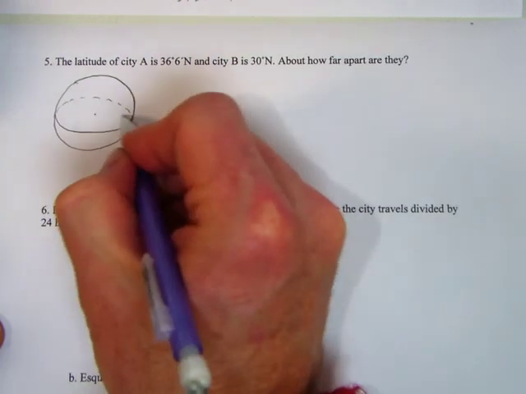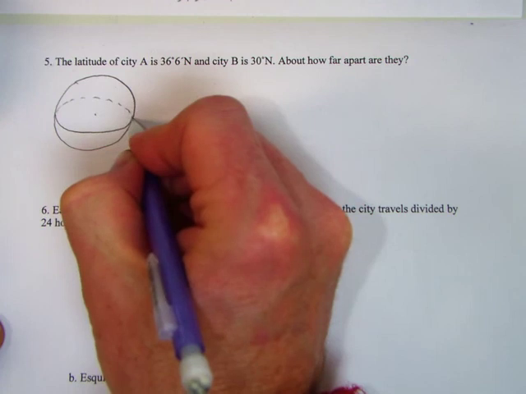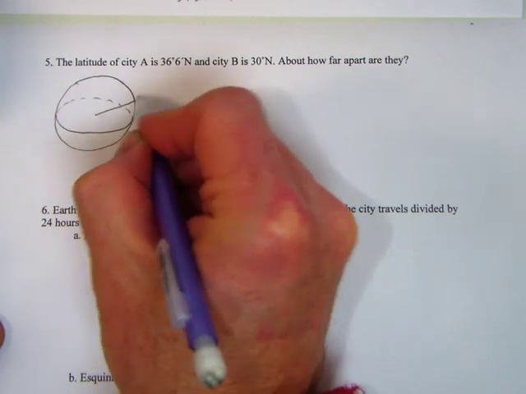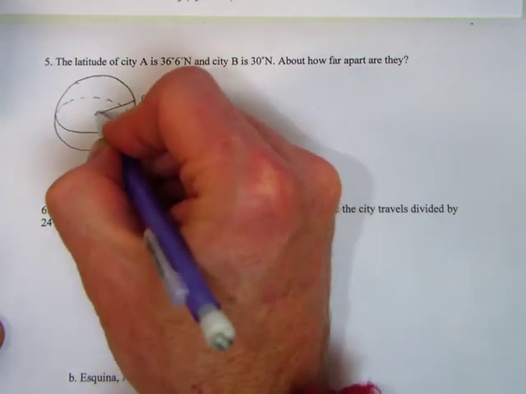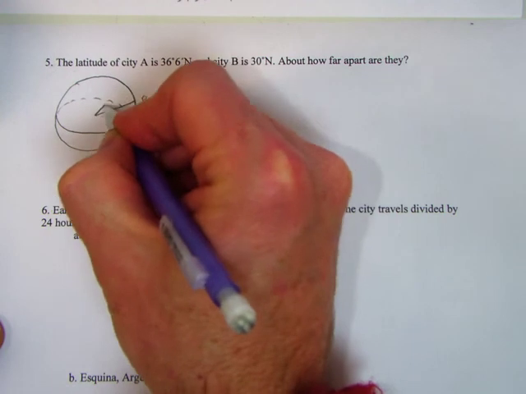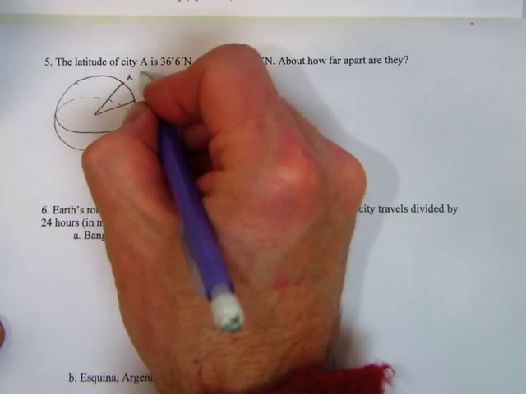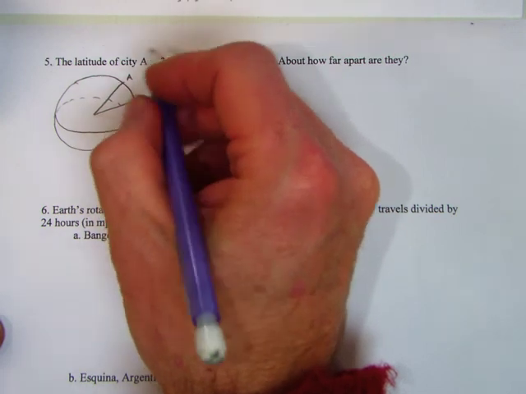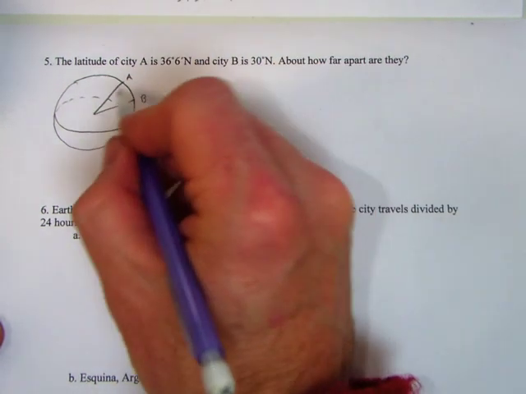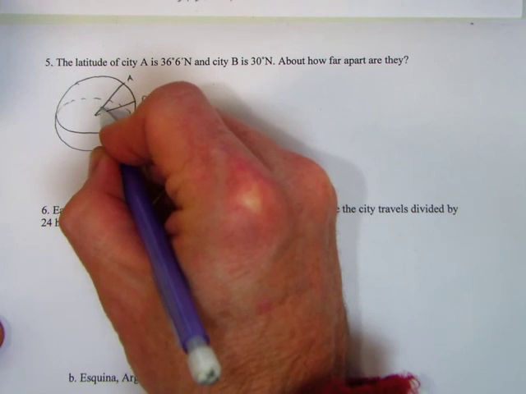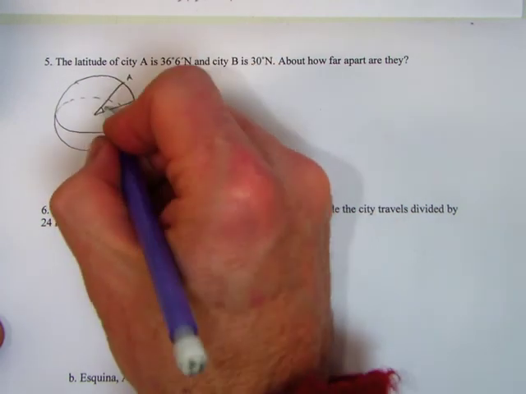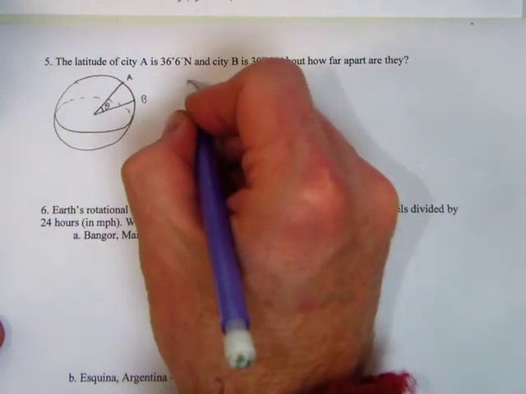So we're going to go from the horizontal, from the equator, we're going to go up 30 degrees. That's city B. And I'm going to make it a little exaggerated just so I can see it clearly. And this would be city A at 36.6. Now, what do I really want to find? I want to find this angle in between. I'll call that one theta.